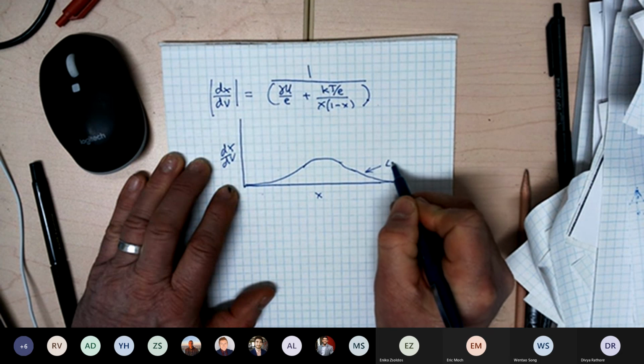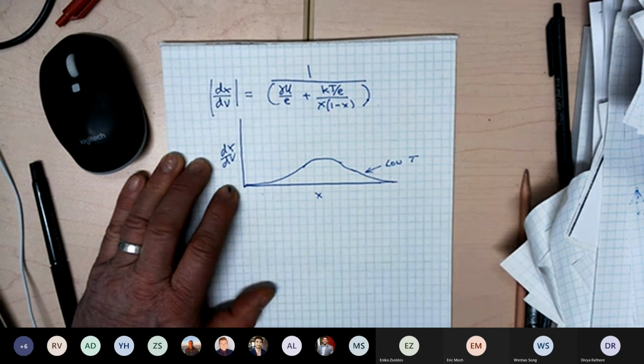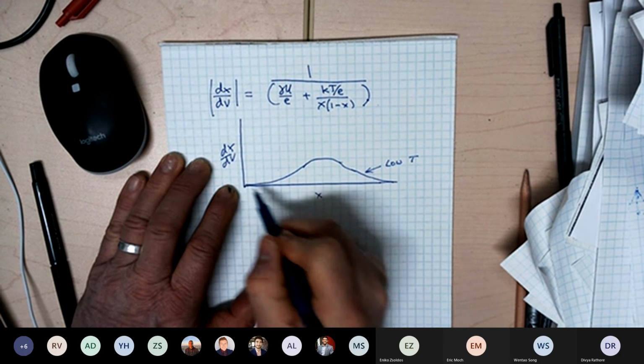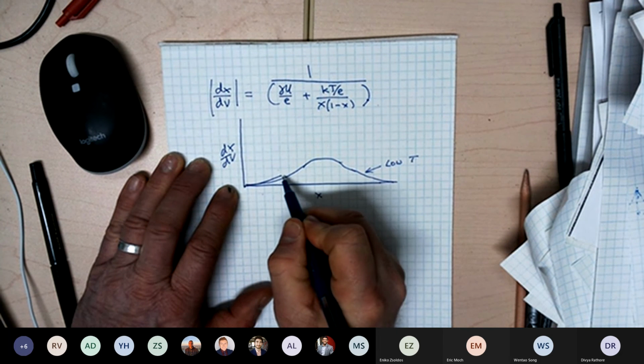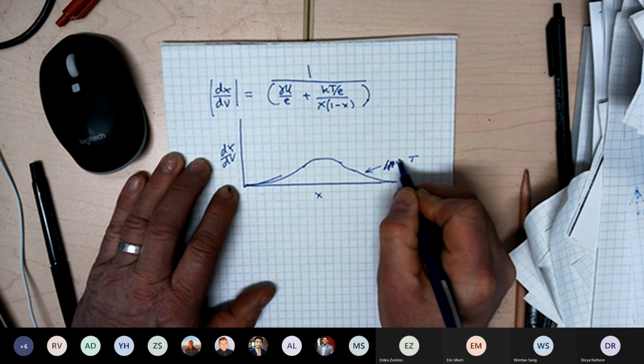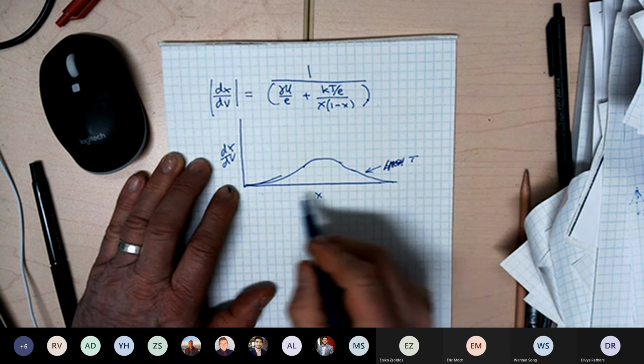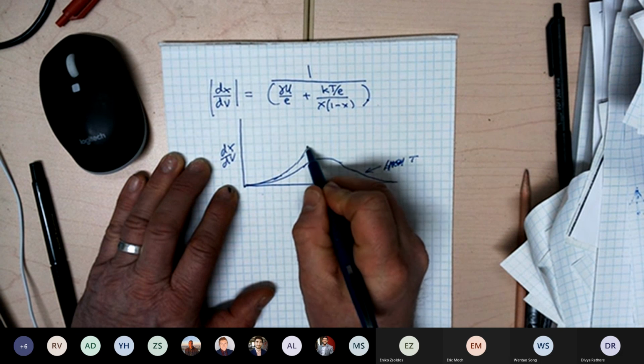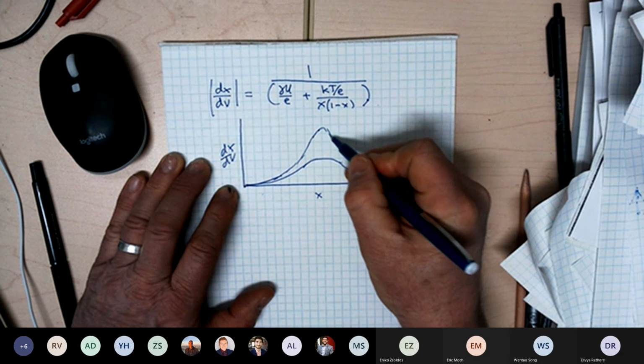This will be low temperature. And then as the temperature gets higher, wait a minute, this is high temperature, sorry. And then as the temperature gets lower, this will sharpen up.